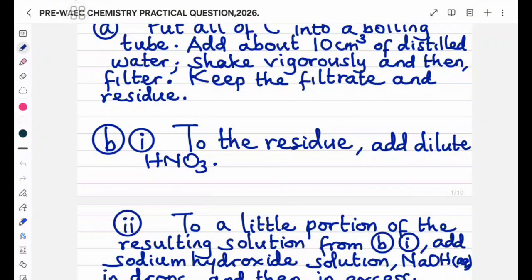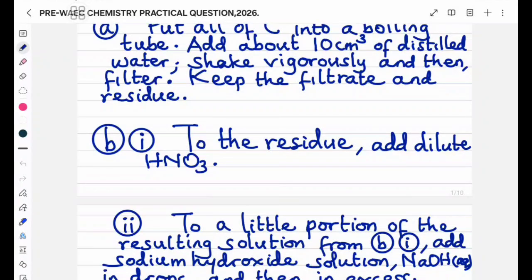And what you do is that after pouring the water into the sample in the boiling tube or any other container, you gradually pour the mixture into the filter paper in the funnel to allow filtration to occur. At the end of this filtration, you have to keep the filtrate for test, and the residue for test. Now I would like to expatiate on this as well.